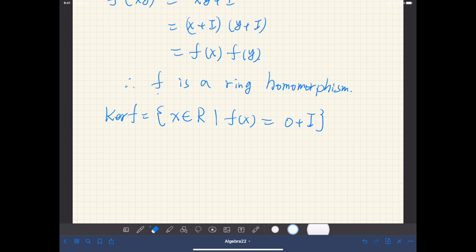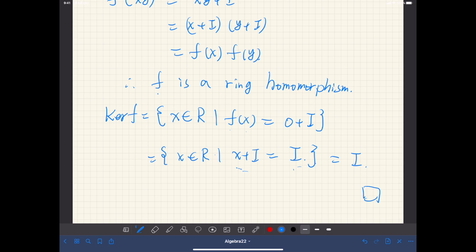So this is just equal to I. But by the definition of this mapping f, this is x plus I. So if this is equal to I, then if these two sets are equal, this means this set itself is I. So we are done.